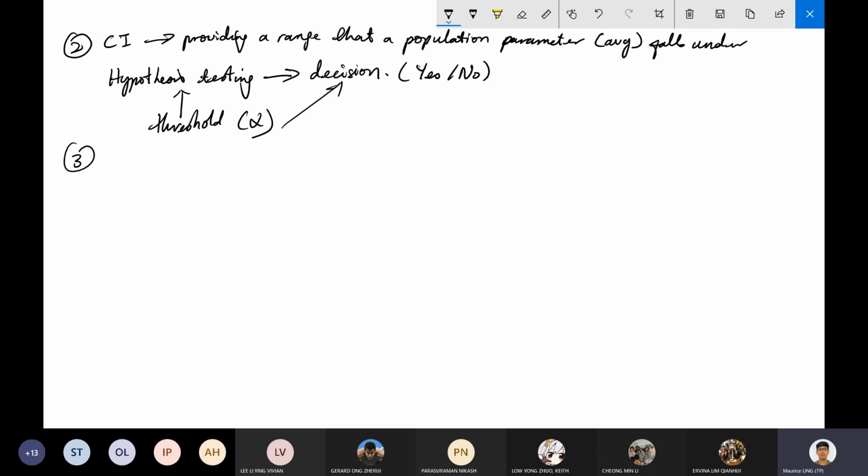So question 3. What is the best interpretation of a 95% confidence interval for the mean? Okay, anybody?